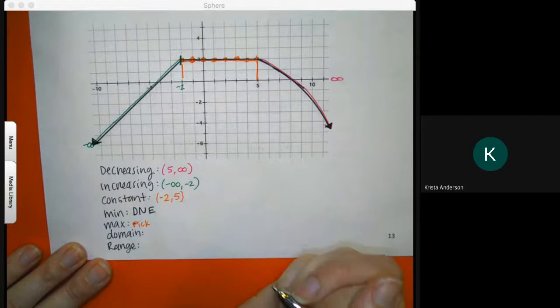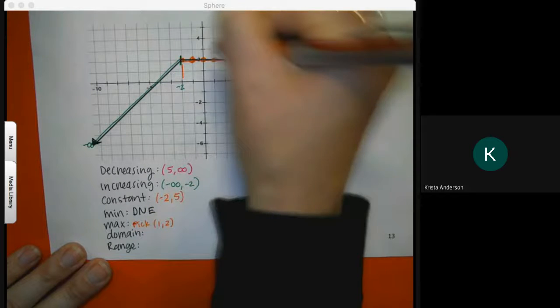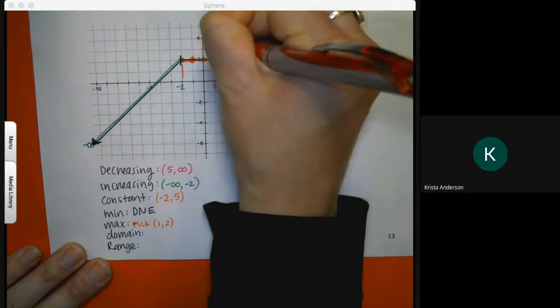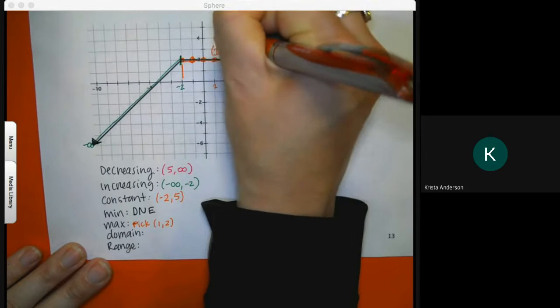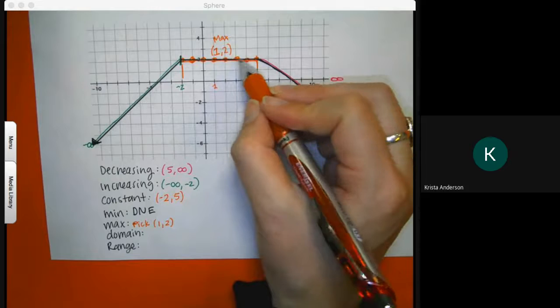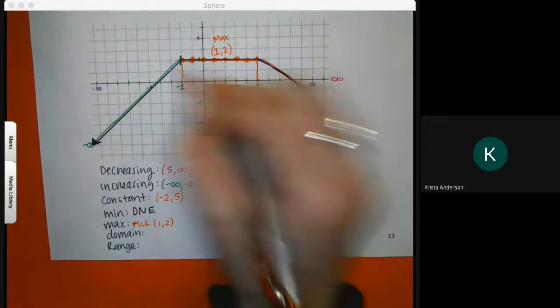I'm just going to say the point 1, 2 is my max. I could have picked 2 up 2, 3 up 2, 4 up 2, 5 up 2, -1 up 2. I could have picked any of those maximums.